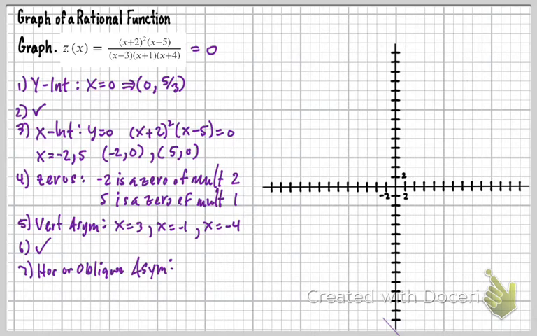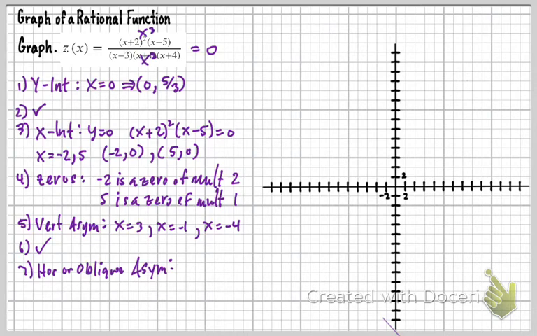So if I just multiplied, really what I have on top is x plus 2 times x plus 2 times x minus 5. So if I just took the leading term, it would be x cubed. And if I just took the first term of the bottom, it would also be x cubed. So we really get x cubed over x cubed.